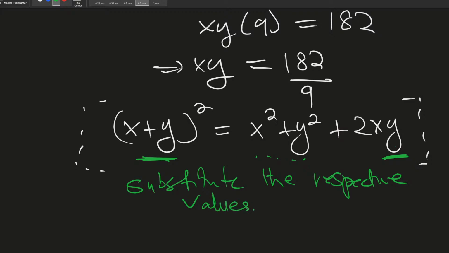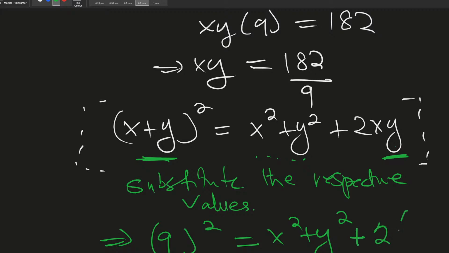And that will imply that x plus y is 9. So 9 squared will be equal to x squared plus y squared, which we don't know, plus 2 into bracket... Look at that. All we want to do is substitute this into that.